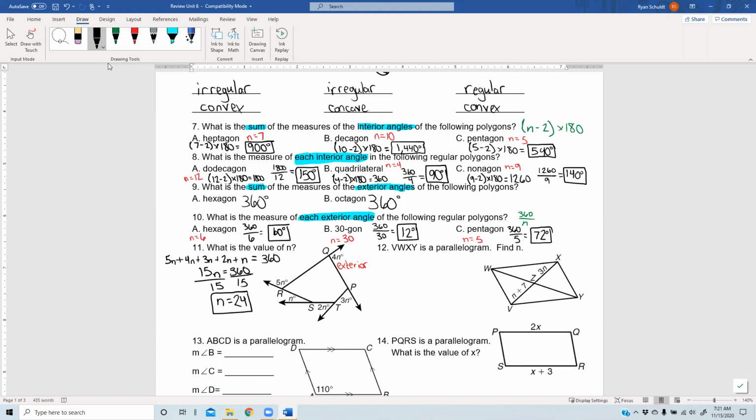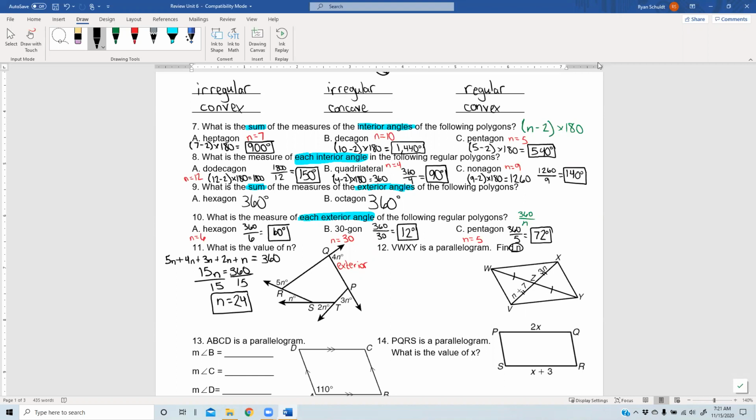Okay, number 12. VWXY is a parallelogram. Find n. Well, one thing we know about a parallelogram is that the diagonals bisect each other. And it just asks us to find n. Diagonals bisect.